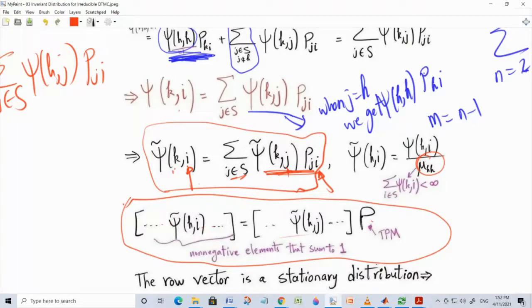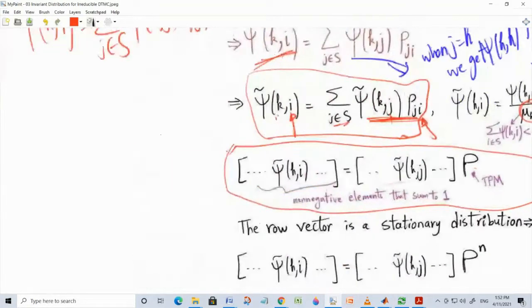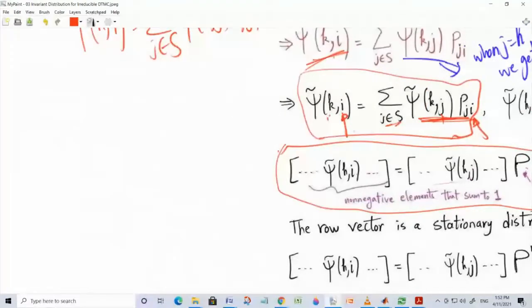So it's not only that we showed that there exists a stationary distribution, we actually gave an example of that distribution. A stationary distribution can be obtained by using those psi values. Now we have a vector, and this vector is a stationary distribution.